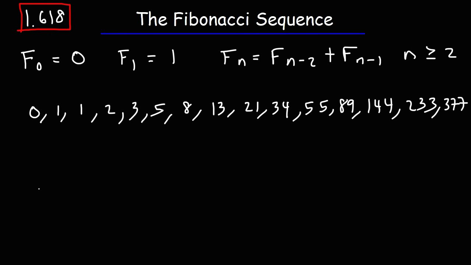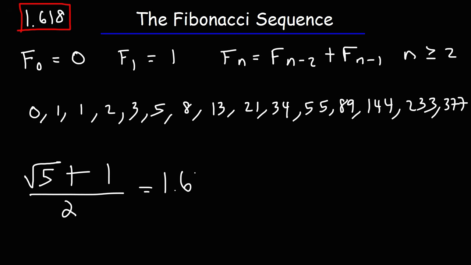Here's the exact values of those two numbers. If you type in the square root of 5 and then add 1 to it and then divide by 2, you're going to get the first number, the larger one, which is 1.618033989.